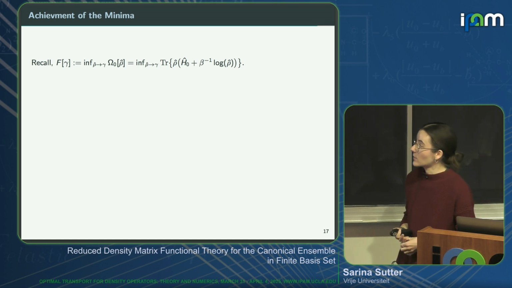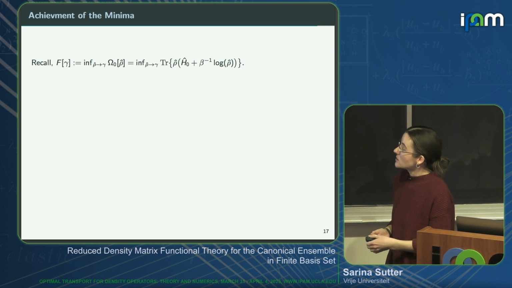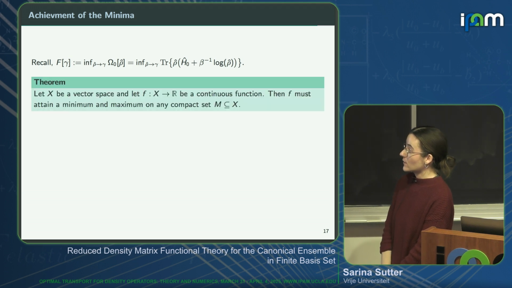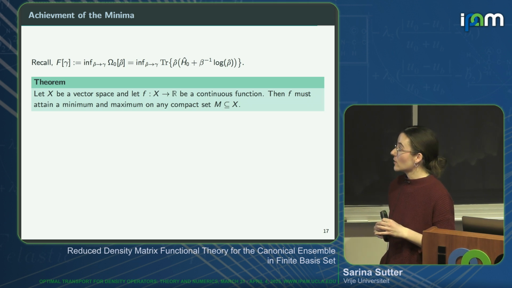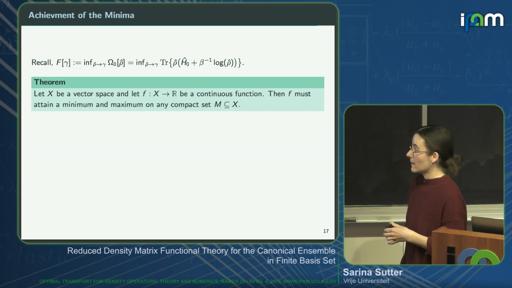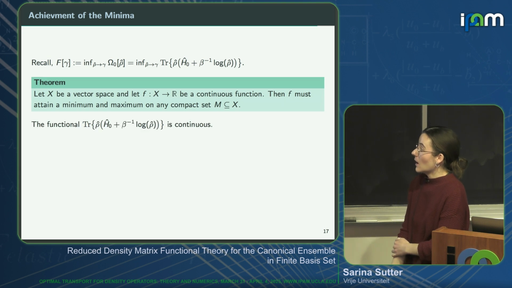This can be done in the following way. We want to show that this infimum is actually a minimum. For that, we use the theorem that if we have a continuous function over a compact set, the minimum and maximum are attained.